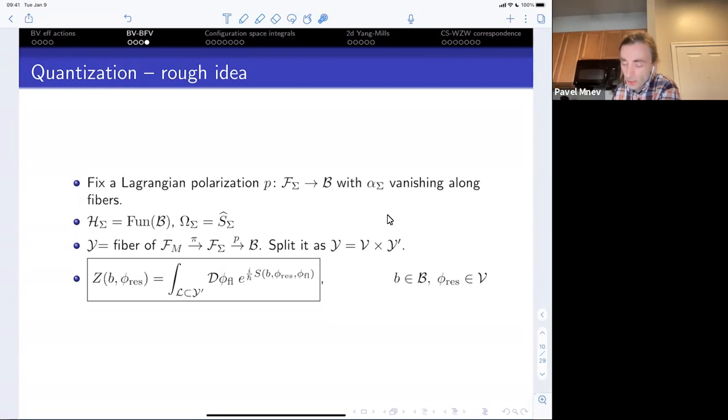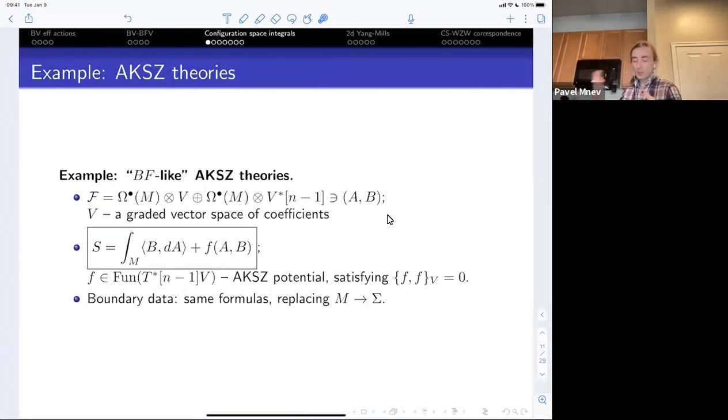Okay, so this is the very rough idea, but then there are examples where it can be made precise and where one can check explicitly how the axioms of the quantum BV-BFV package work out. Here's the class of examples. This is a subclass of the famous AKSZ sigma models. AKSZ stands for Alexandrov, Kontsevich, Schwarz, and Zaboronsky, from the famous paper of 1995.